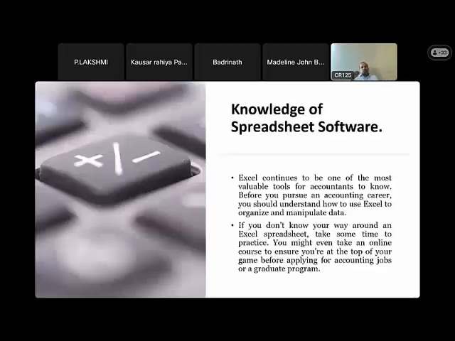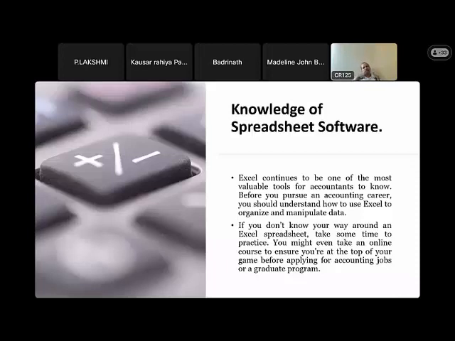The next skill is knowledge of spreadsheets. Spreadsheets really changed the whole dimension and eased a lot of the accountant's job when they came. Microsoft Excel, I think around 95, 96, we started using it.